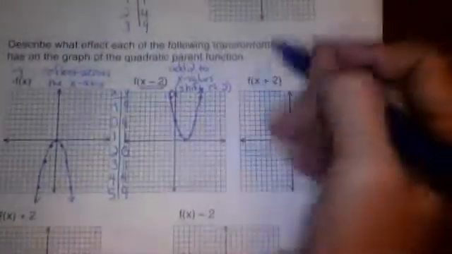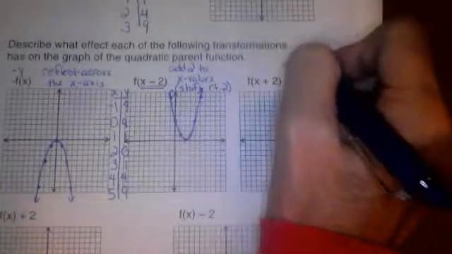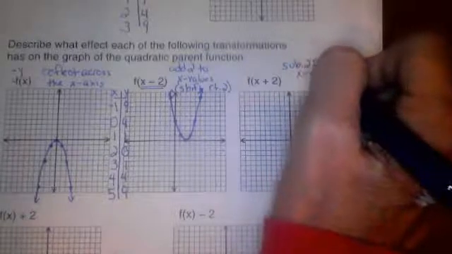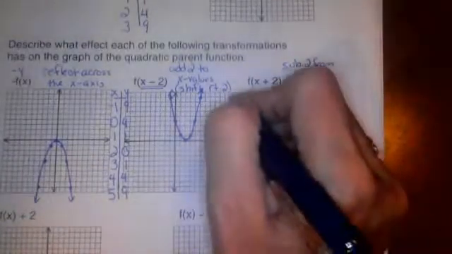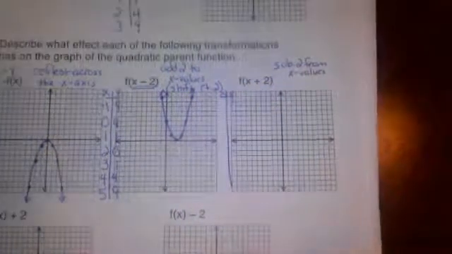we're going to take our x values and subtract 2 from them. Okay, so we're subtracting 2. Negative 3 minus 2 would be negative 5.